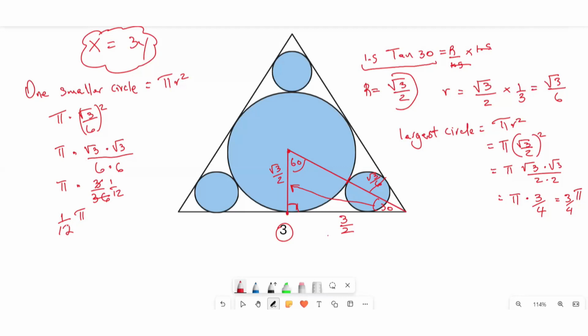Now, remember, it's 3 of them. So if you multiply this by 3, because there are 3 of them, we're going to have 3 over 12 pi, and this is equal to 1/4 pi. As you could see, this is for the 3 smaller circles all together.